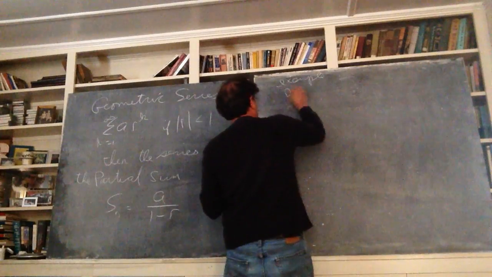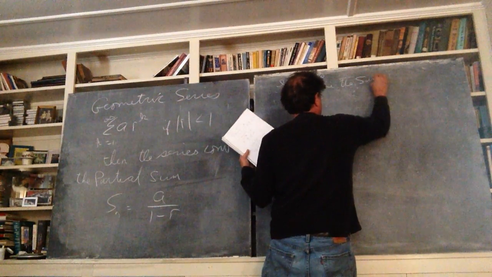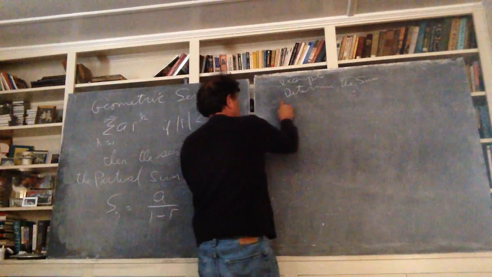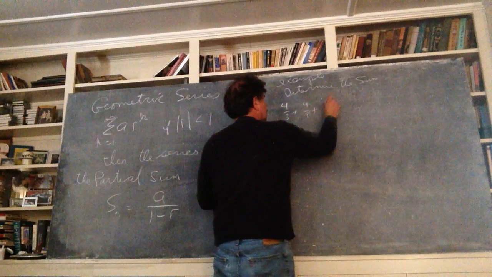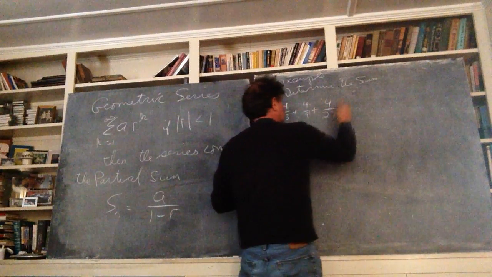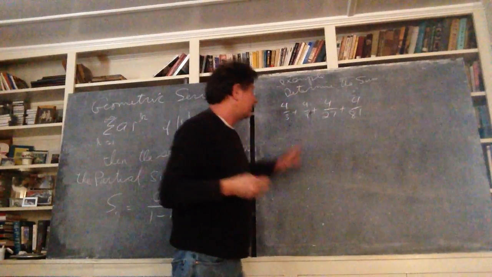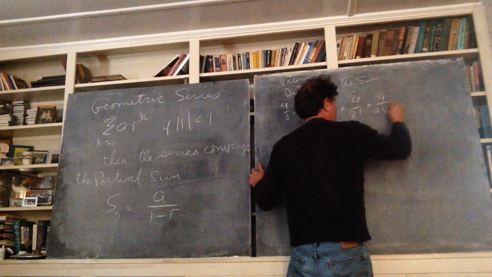Take the sum of, say, 4/3 plus 4/9 plus 4/27 plus 4/81. The next one would be 4/243, of course.